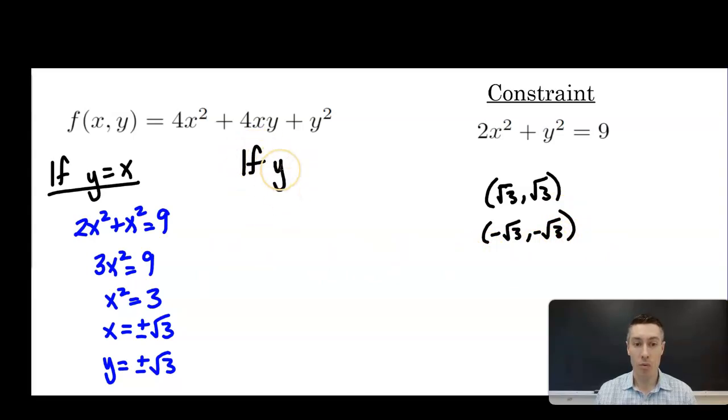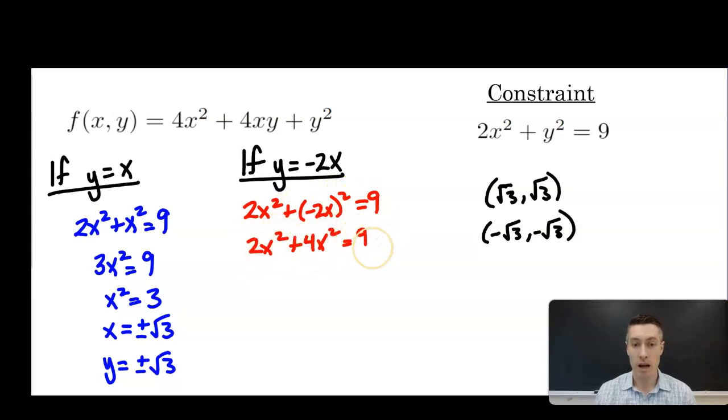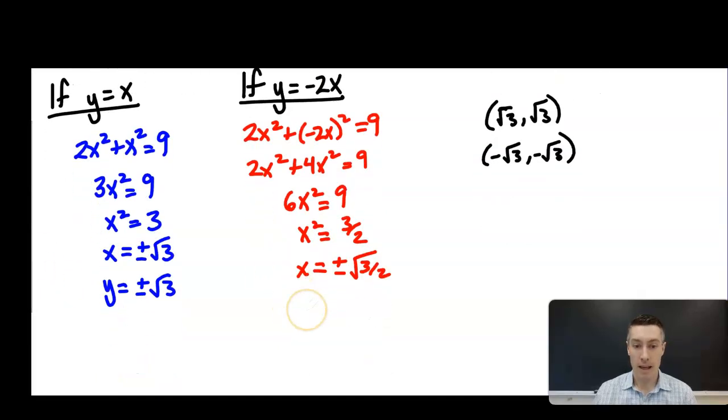And then if y equals negative 2x, then we have 2x squared plus negative 2x squared equals 9. So 2x squared plus 4x squared equals 9. 6x squared equals 9. x squared equals 3 over 2. x equals plus or minus the square root of 3 over 2. And then that would mean y equals, let's separate them here.